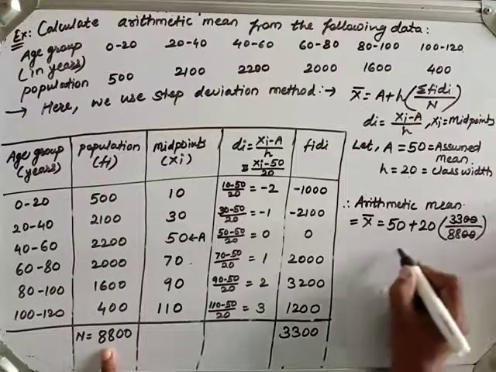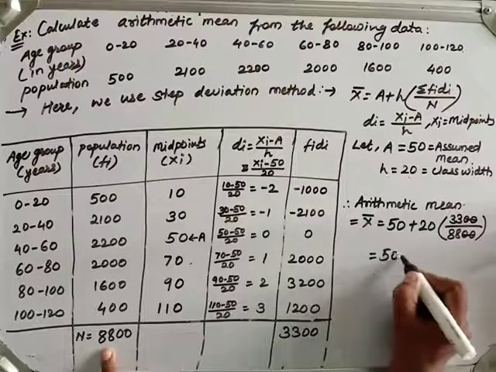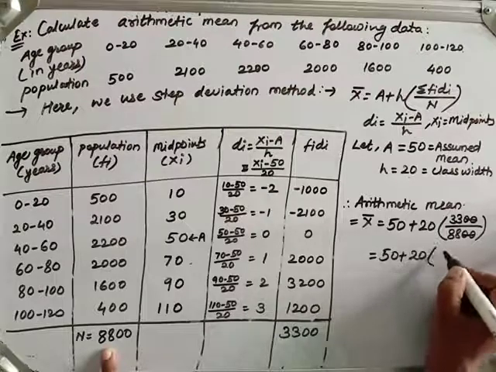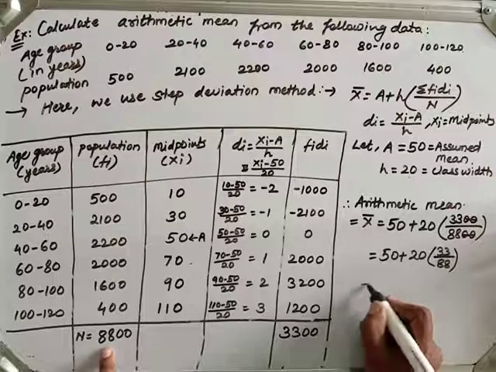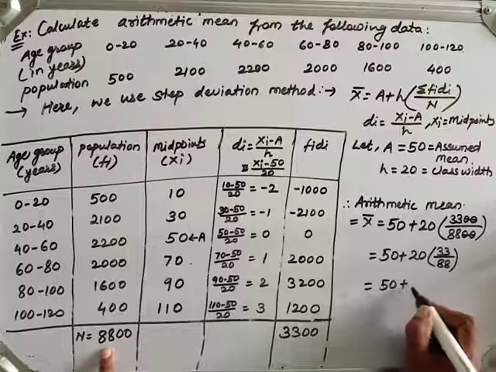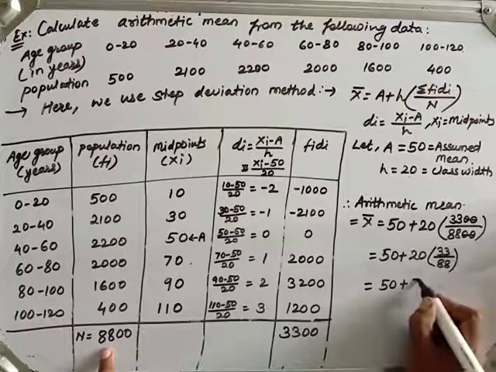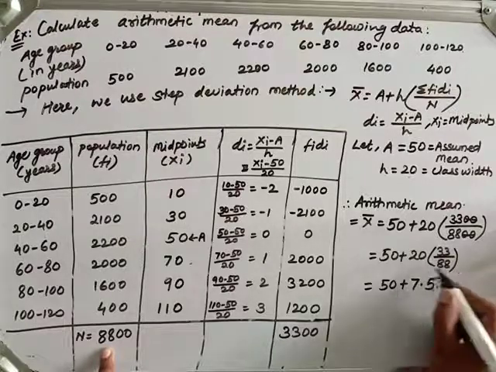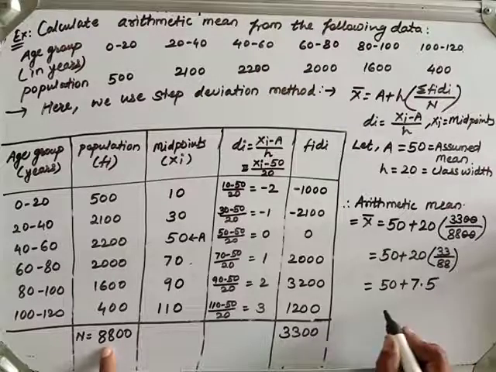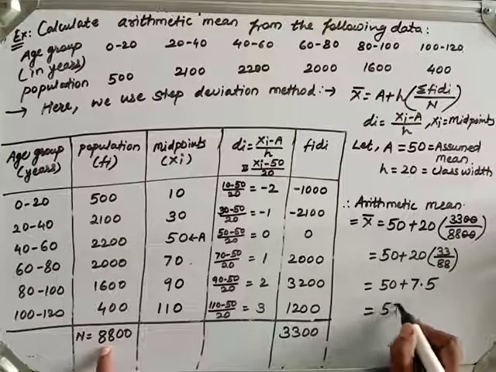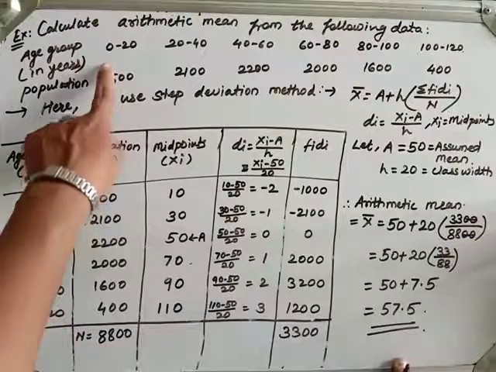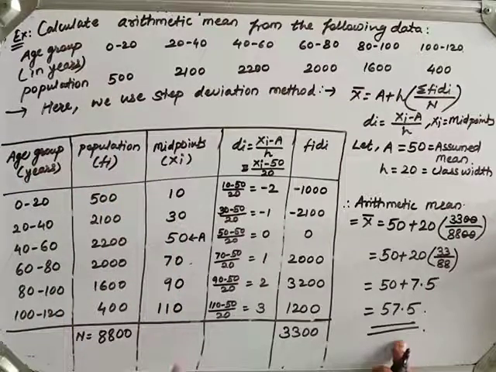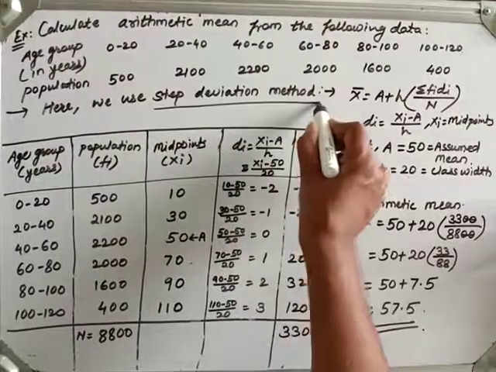So these zeros cancel. So 50 plus 20 into 33 upon 88. That is the same as 50 plus this product, which will be 7.5. You can check it on your own. And so we get 57.5. So the arithmetic mean for this given data is 57.5. We have determined it using the step deviation method.